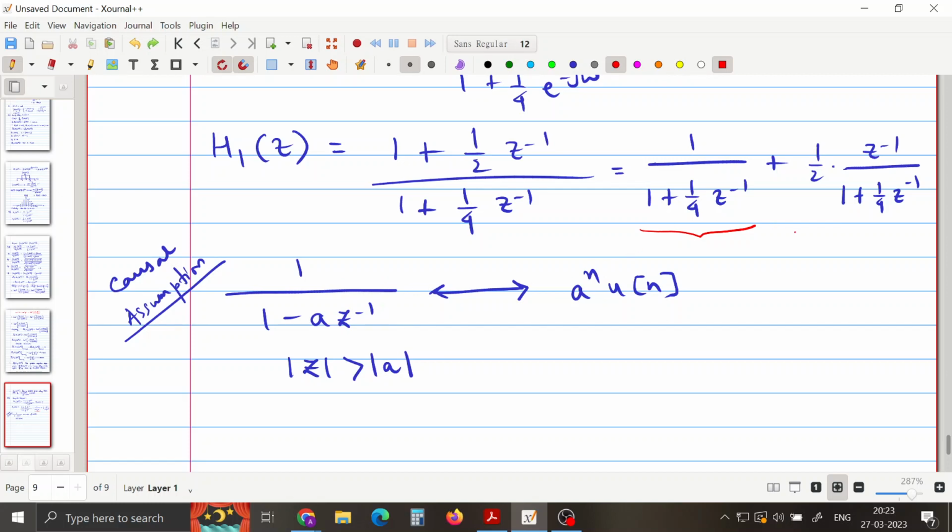So in the second term you see here the constant factor is nothing to worry about, it's just a half. It will be present as it is. We only have a multiplication by Z inverse.